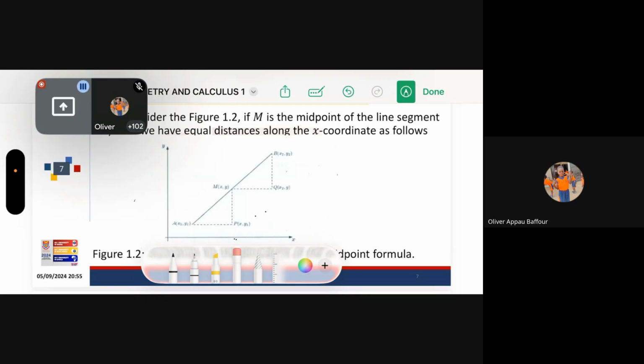Then when I come to B, I draw a line from B to meet where my M coordinates are. I call it Q, and this will have coordinates x2 and then y. I wish I can write on my board. No problem, we can continue.